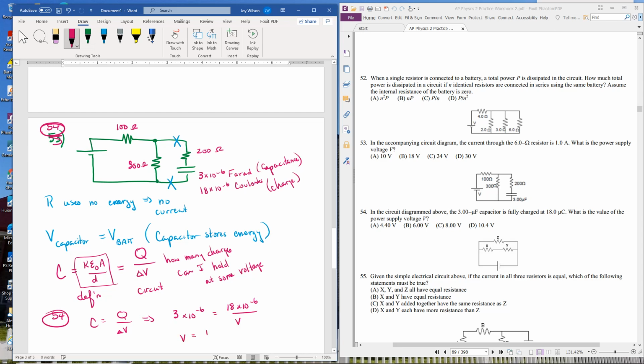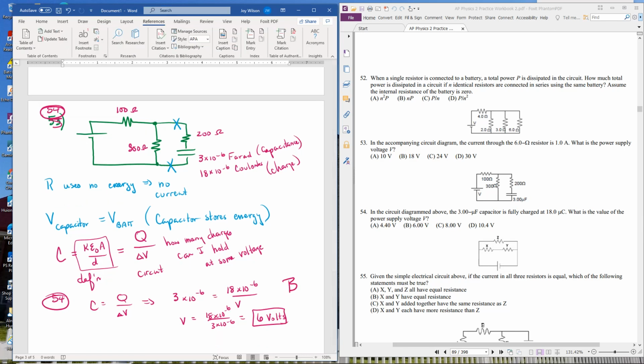So voltage equals 18 times 10 to the negative 6 over 3 times 10 to the negative 6. So we get 6 volts. And so that would be our answer to number 54. It's letter B. Okay, let's do another one.